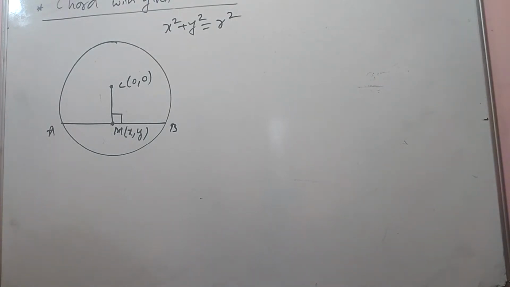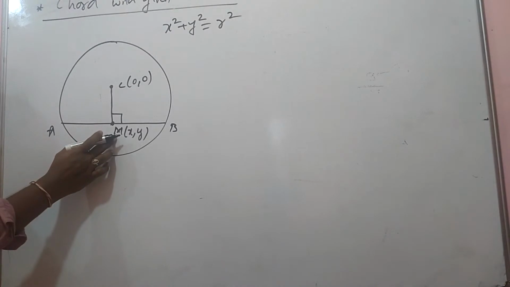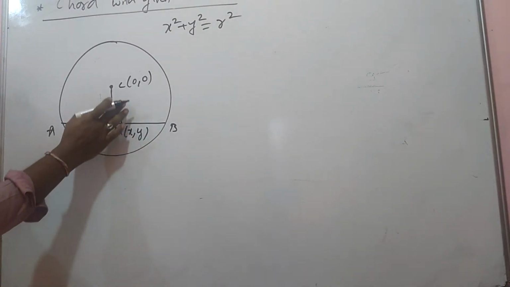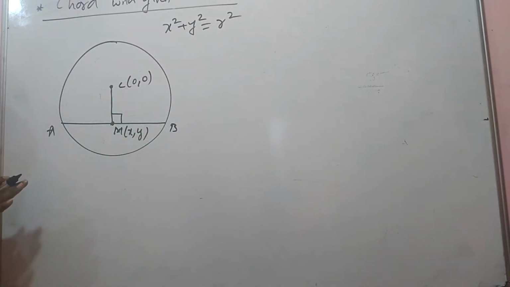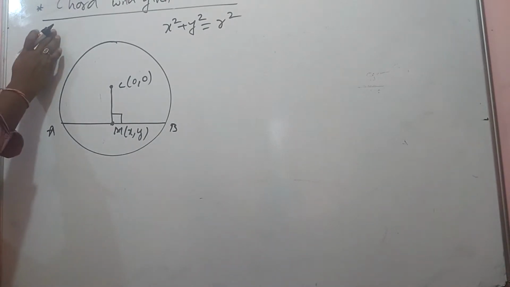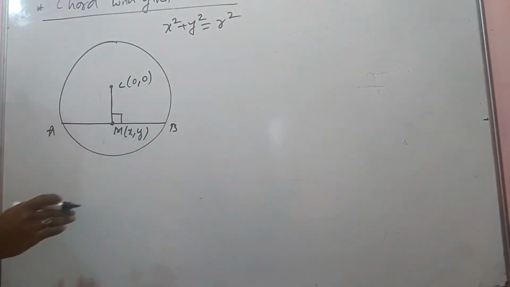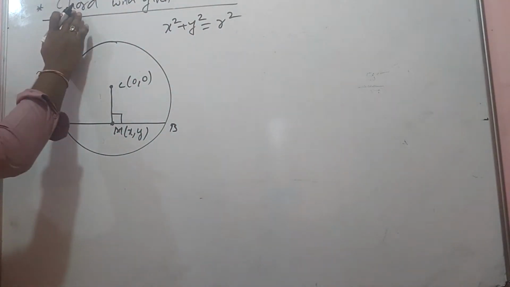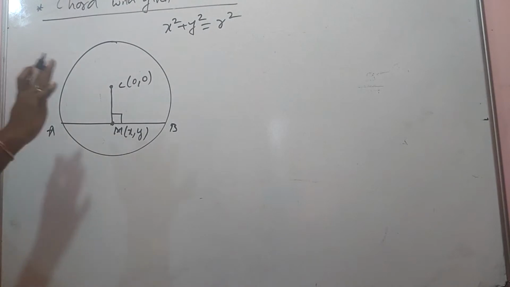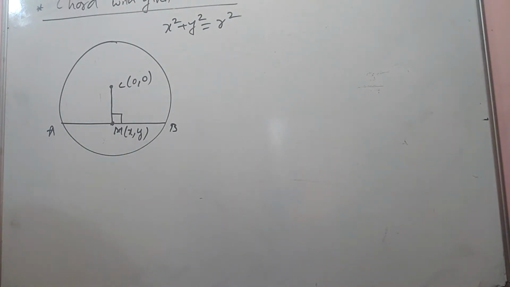M is the midpoint, AB is the chord, C is the center 0 comma 0. We are going to find the condition for a chord with the given midpoint. If in the question the midpoint of the chord is given, you have to use this concept. That is the main theory of this.